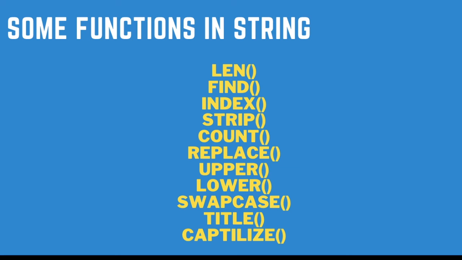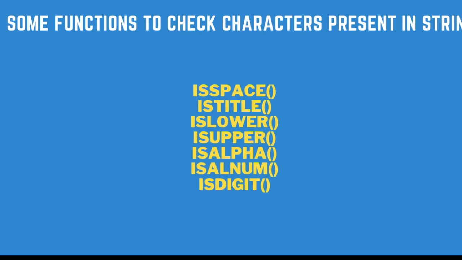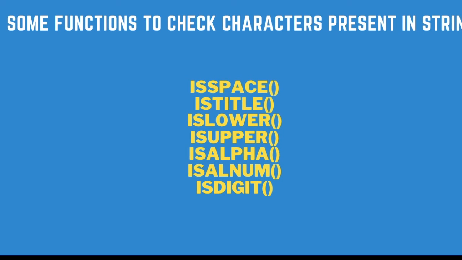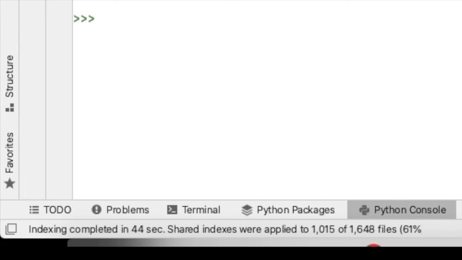So now next we will see there are some functions which are used to check whether a particular character is present in a particular string or not. So first is isspace. Basically isspace checks if the string contains space or not.